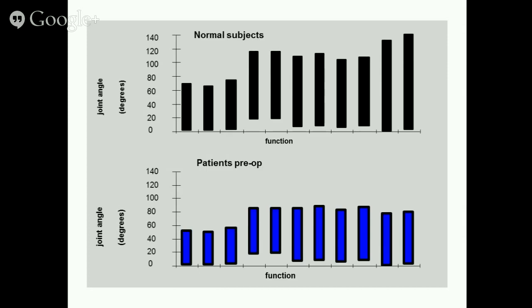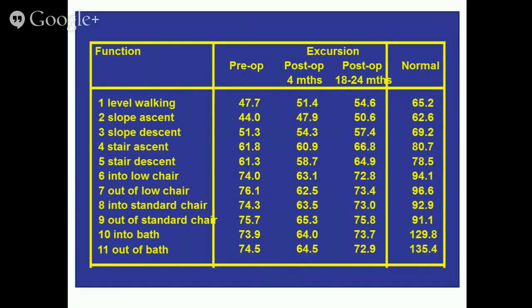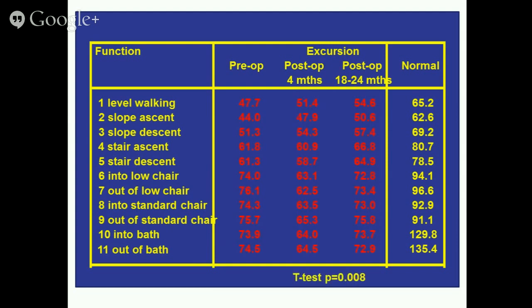When we tested our preoperative knee replacement patients, they showed a plateau at about 85 to 90 degrees of motion. So they were clearly affected by their osteoarthritis. However, when we compared them to our normal data set at pre-op, 4 months, and about 2 years post-op, for every point in time and for every function, our knee replacement patients were significantly reduced in range of motion compared to normal.